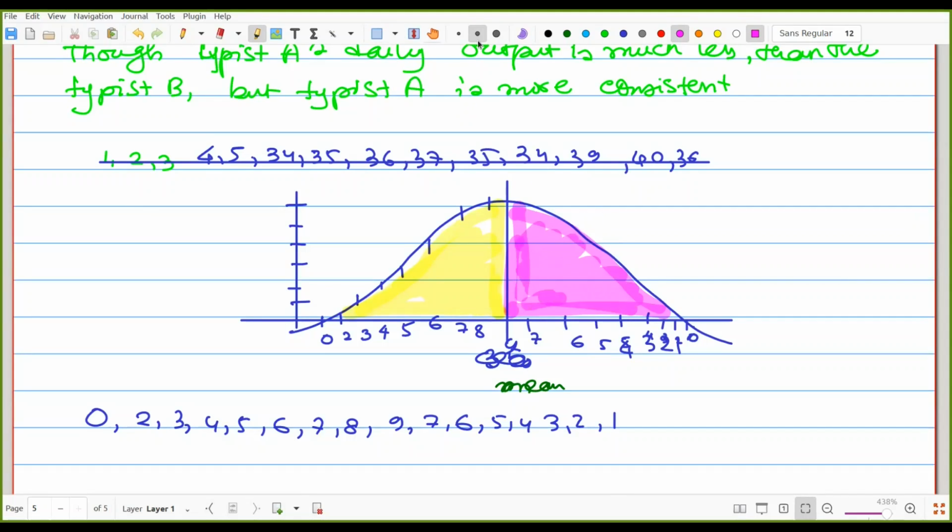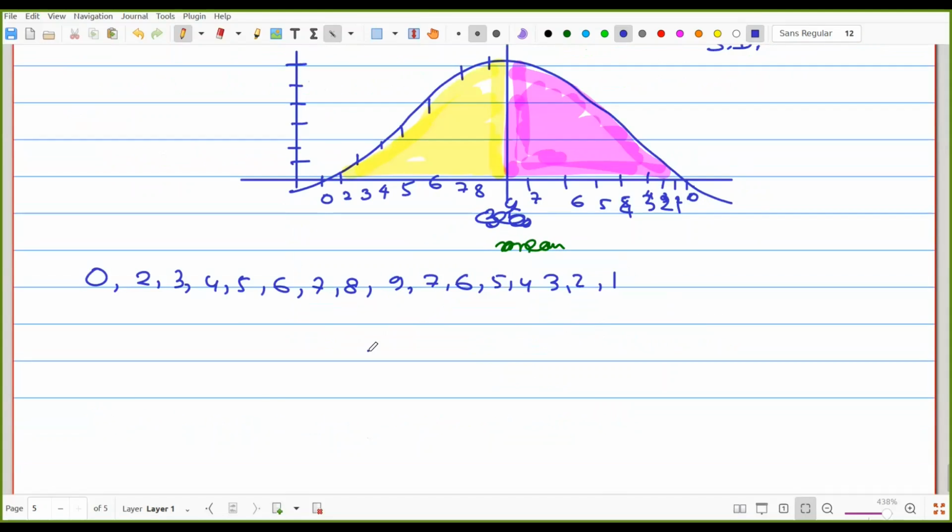Okay, now in that case, when we are finding the value of data, we are finding the standard deviation. If we look at that thing, suppose the mean is here 9. So if we don't know the data, there must be 68% of data. 68% means 1, 2, 3, 4, 5, 6, 7, 8, 9, 10, 11, 12, 13, 14, 15, 16.